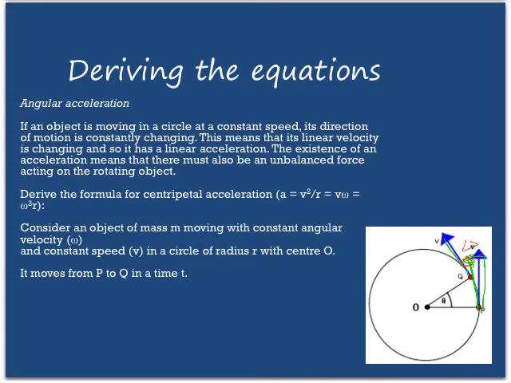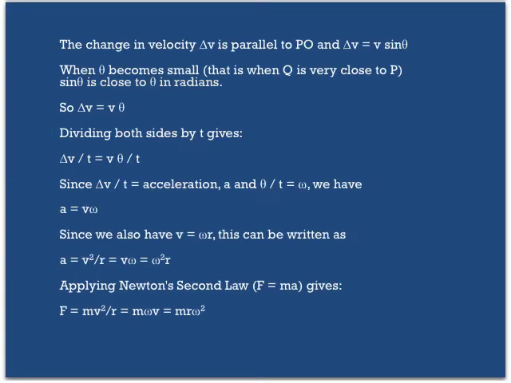Okay, so there's a change in velocity vector. Remember, it's final minus initial, so you can work that one out. And then you find that the change of velocity is parallel to P and O. When theta becomes very small, we actually find that sine theta is very close to theta, so we can essentially get rid of the sine part of that and just put in theta.